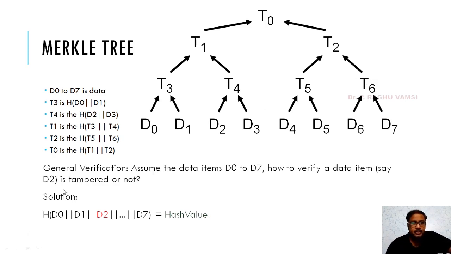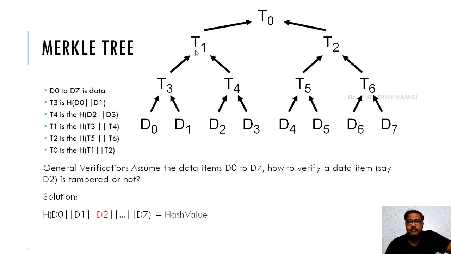T3 and T4 are the hash values of D0 and D1, and D2 and D3. T1 is the node whose value is the hash of T3 and T4. Like that, T2 is the node consisting of the hash of T5 and T6.